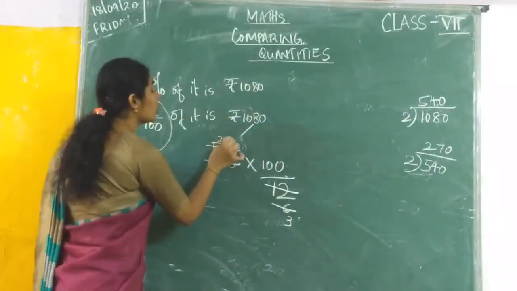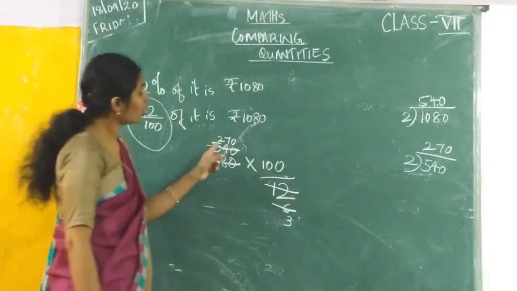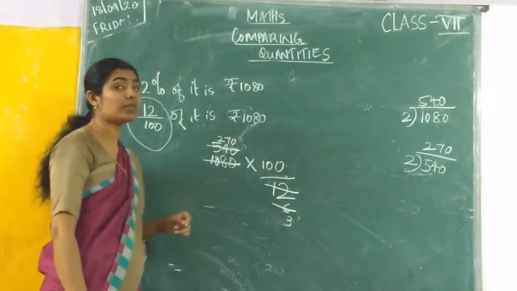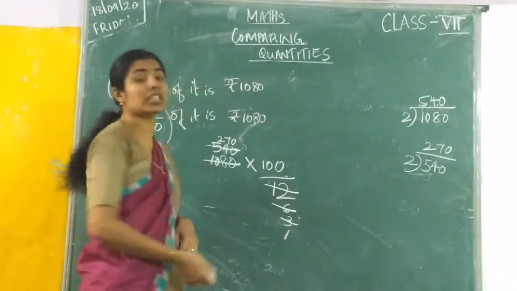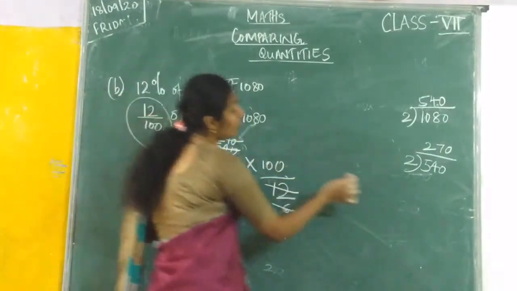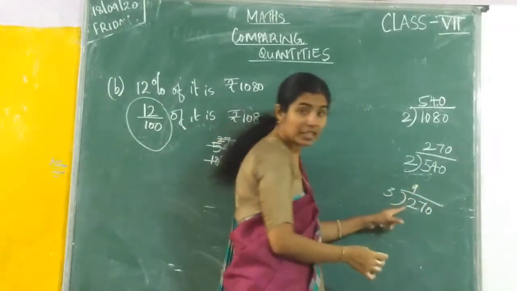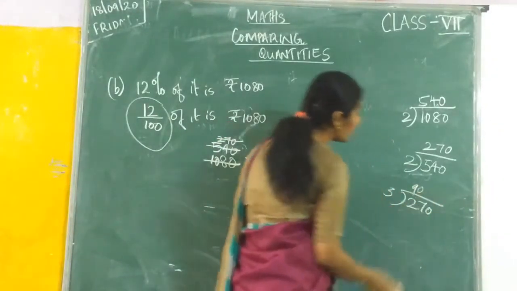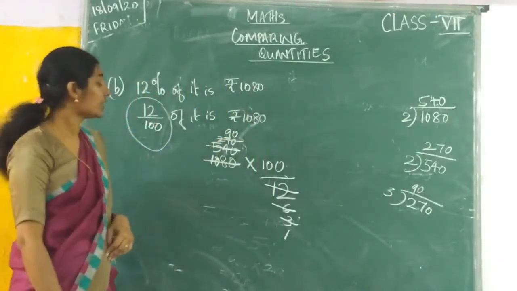Write here 270. Now we see 270 and 3. Both are in which table? 3 table. See? 3 ones are 3. 270 divided by 3, what will you get? 3 9s are 270, and the 0 comes in the quotient. What will you get? 90.